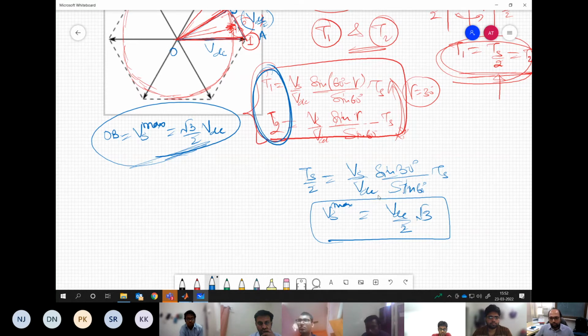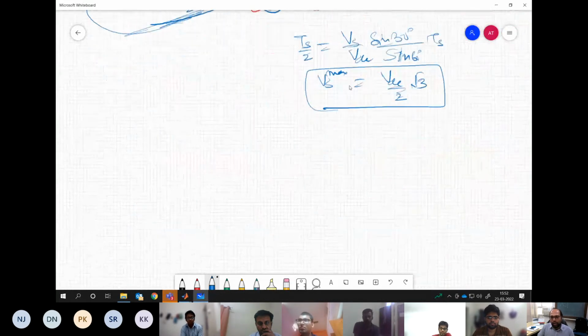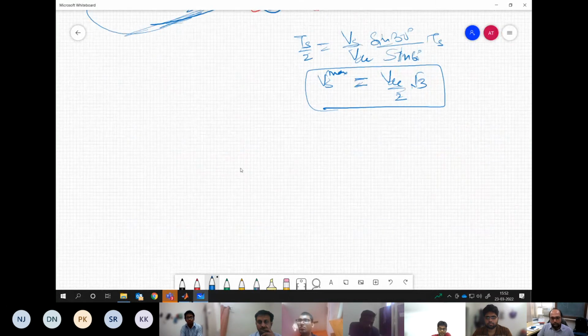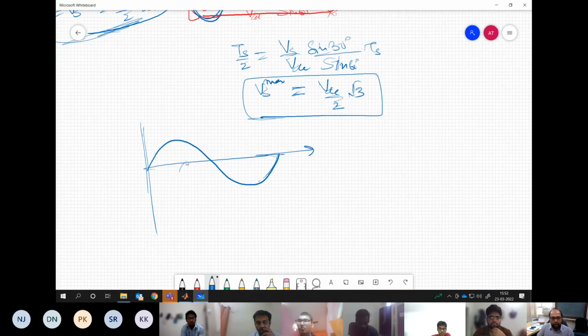Now, once we have done this, so this is the voltage vector. What is the peak value of the fundamental voltage that we are getting from here? That is what I think, Tejdeep, you were asking: how to correlate the peak value with this vector. We know that we are doing the three-phase voltage vector transformation to alpha beta.